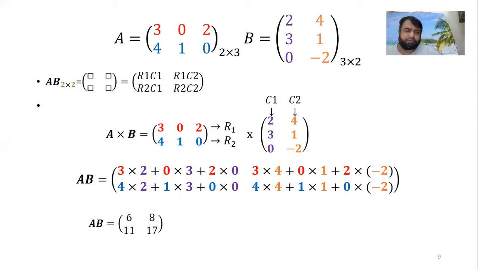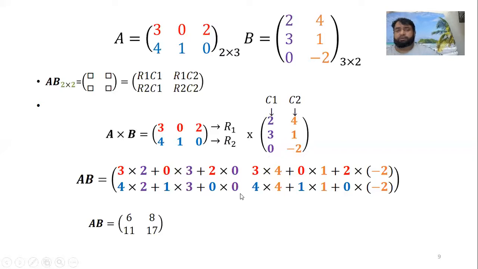So this is the way, and this is the only thing you should remember. For example, for the element at row 2, column 1, what to do? I use row 2 and column 1. The first element of row 2 is multiplied with the first element of column 1, then an addition sign, then the second element is multiplied with the second element of that column, then you add the product of the third elements of row 2 and column 1.